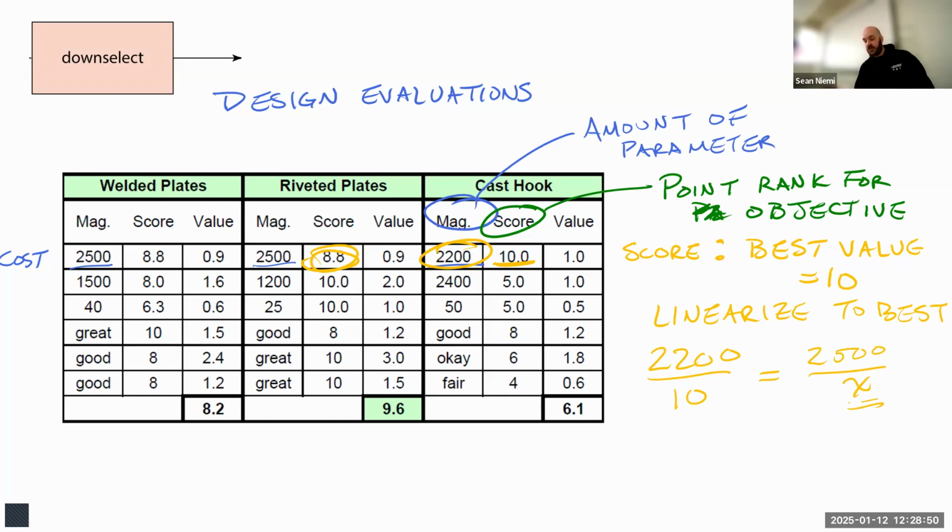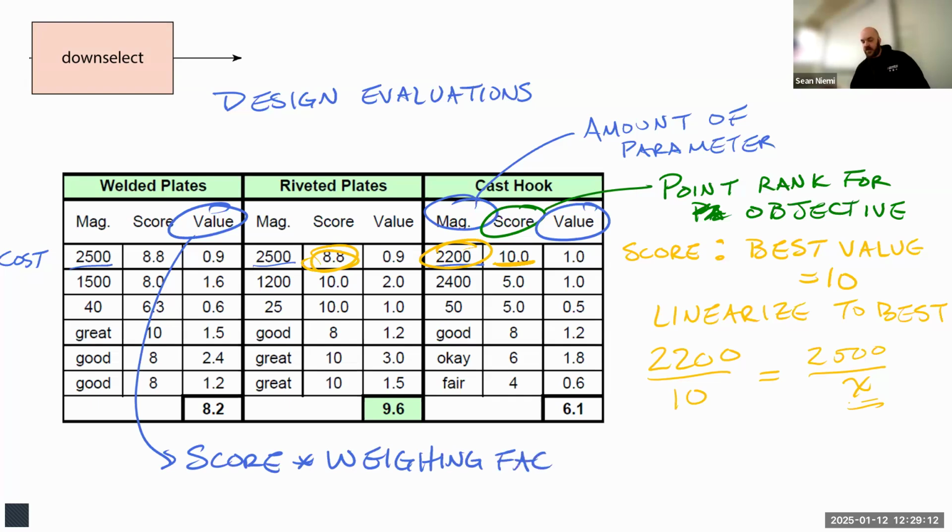And then our third column, our value column, is equal to score times our weighing factor from the previous portion of the decision matrix.